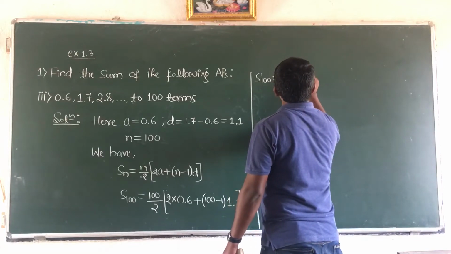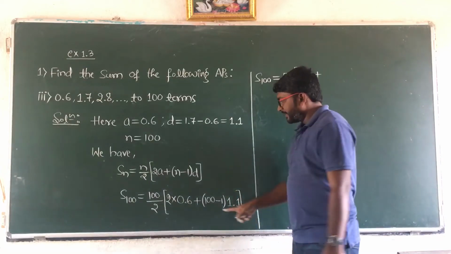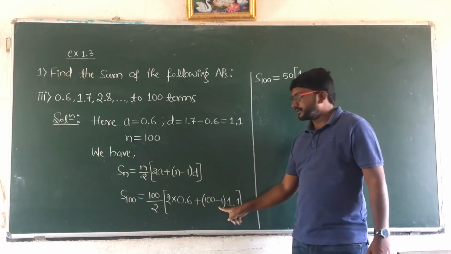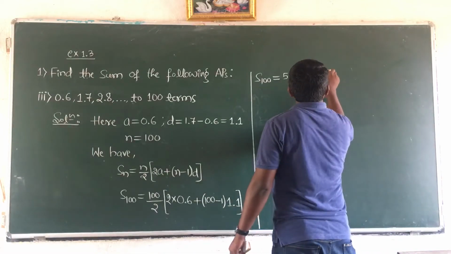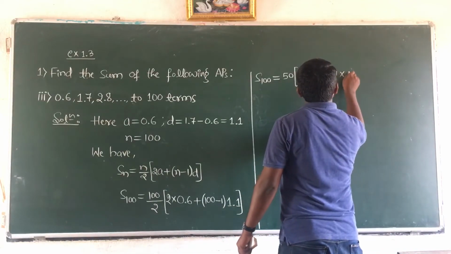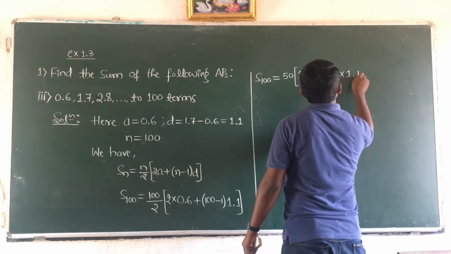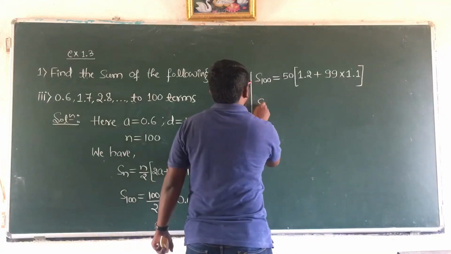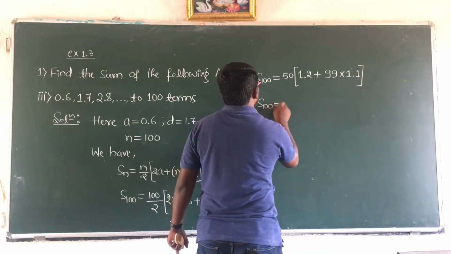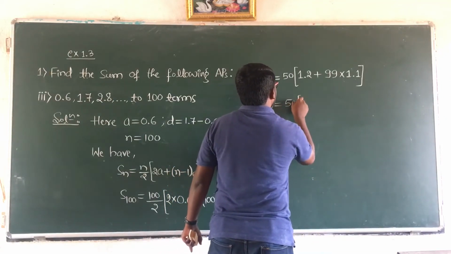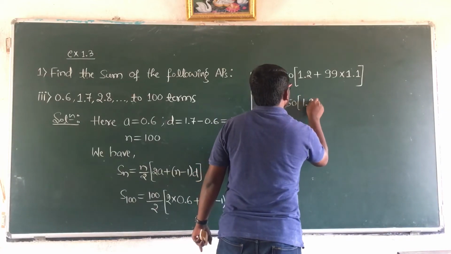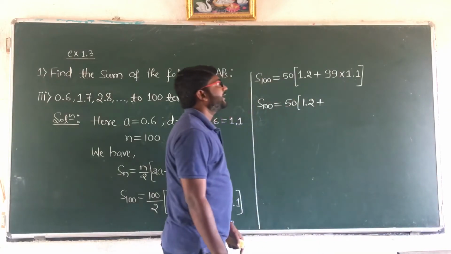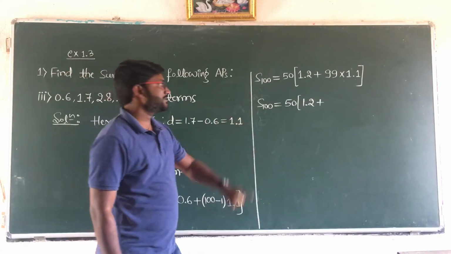So it is 1.2 plus 100 minus 1, which is 99, so 99 into 1.1. Now S100 is equal to 50 into the bracket 1.2 plus 99 into 1.1, which gives us 108.9.